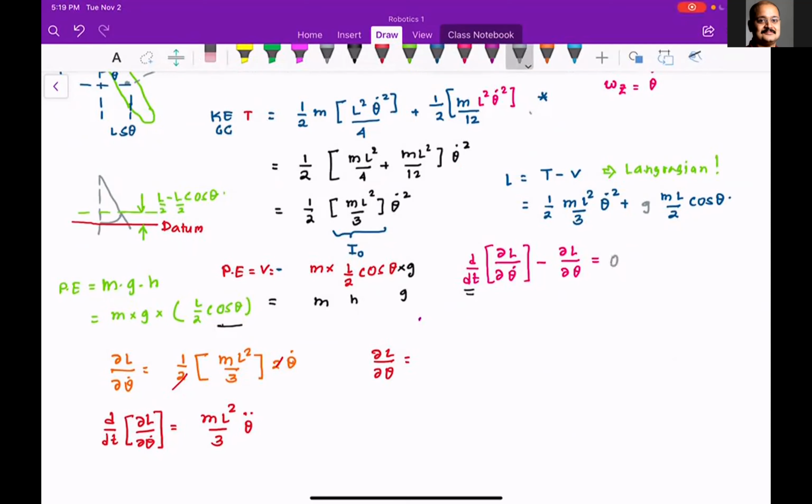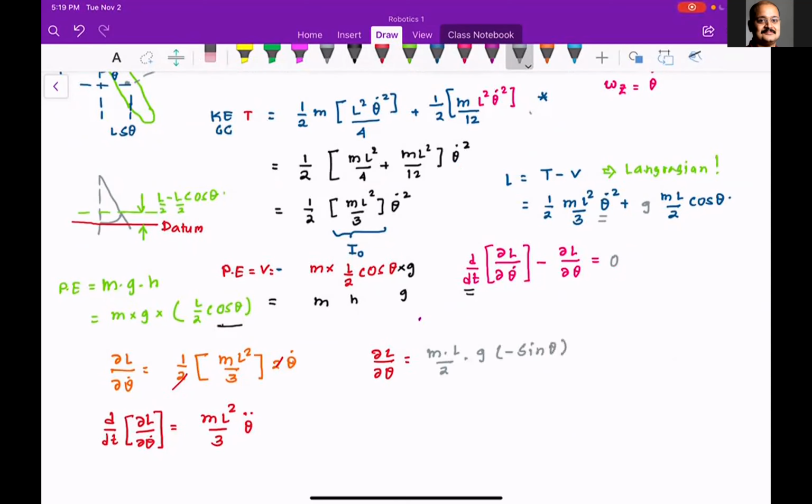But for partial L with respect to partial theta, can you see this is theta dot? Theta dot is constant because you are taking the partial. So the only derivative that remains is m L by 2 multiplied by g. The derivative of cosine theta with respect to theta is what? Minus sine theta. Are you with me so far? Yes, sir.